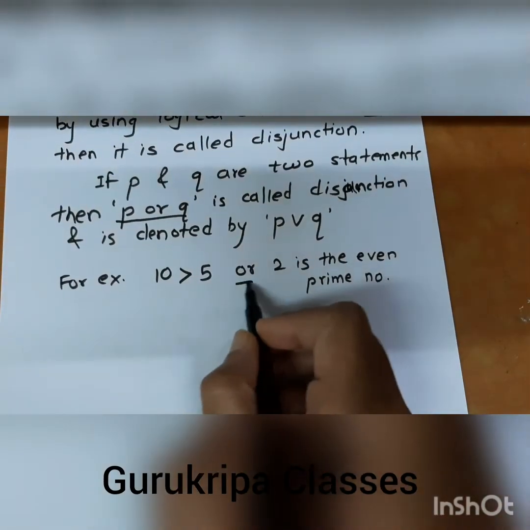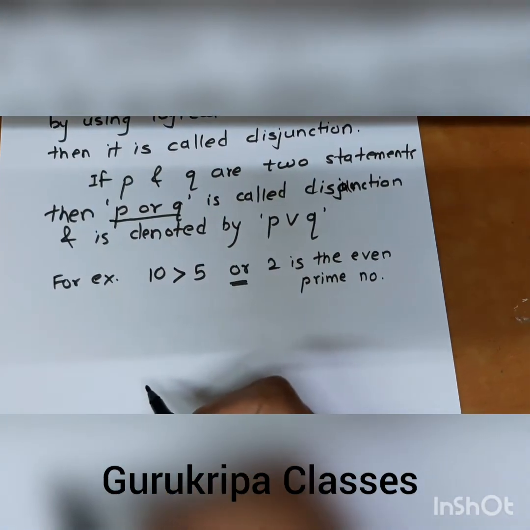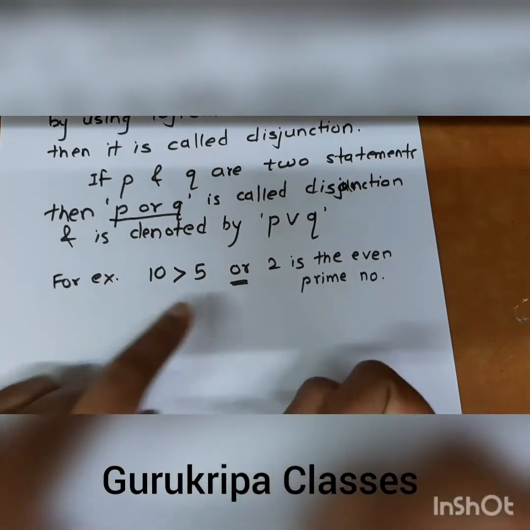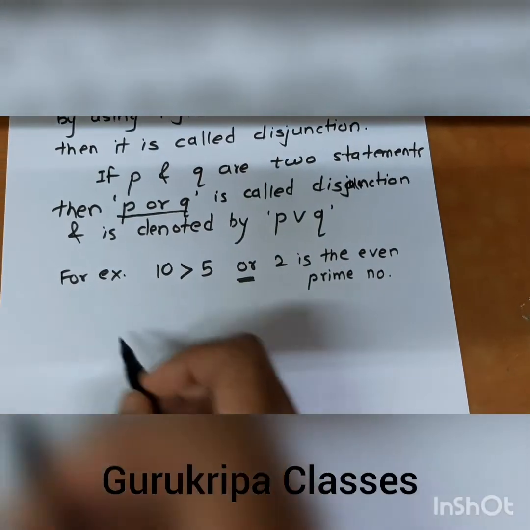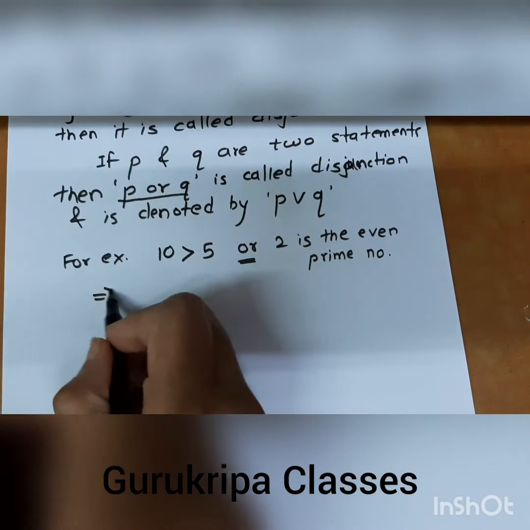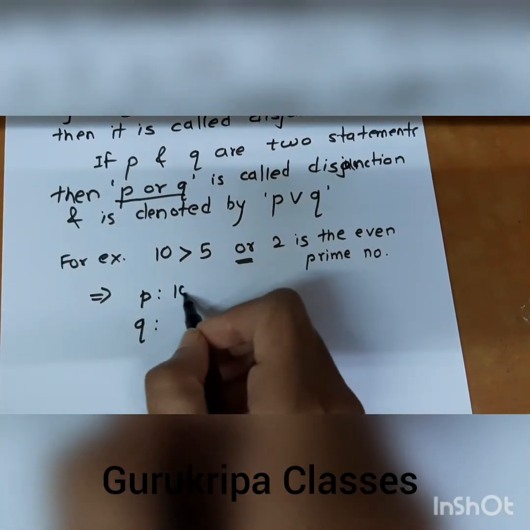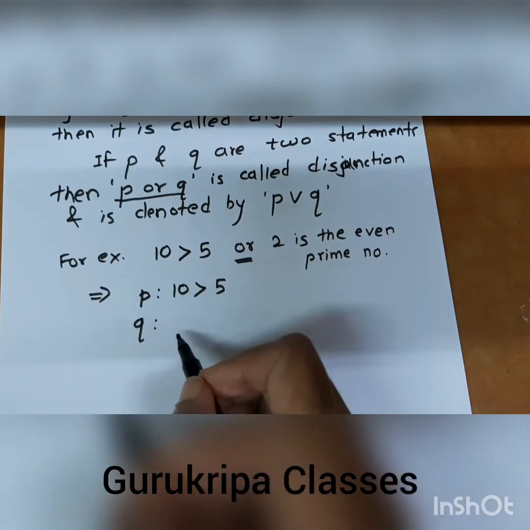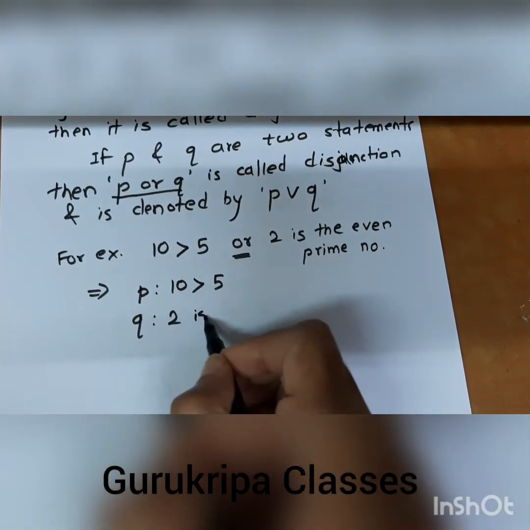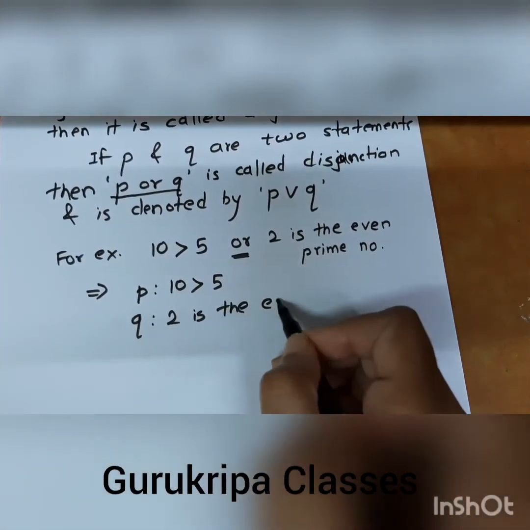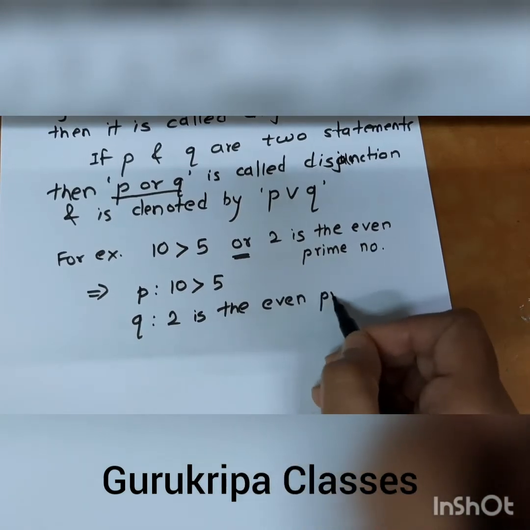What is written here? Or. In the previous example, we have seen there is "and" written in between them. Now, how to write it in symbolic form? Before that, I will give names to these two statements. First statement, 10 is greater than 5. Second statement, 2 is the even prime number.